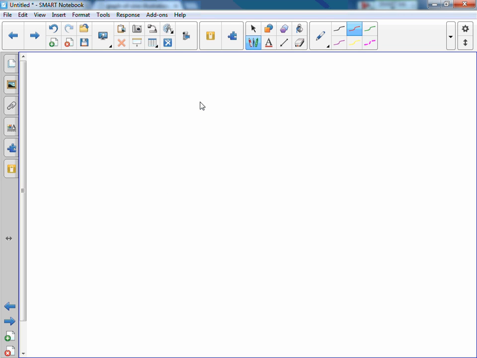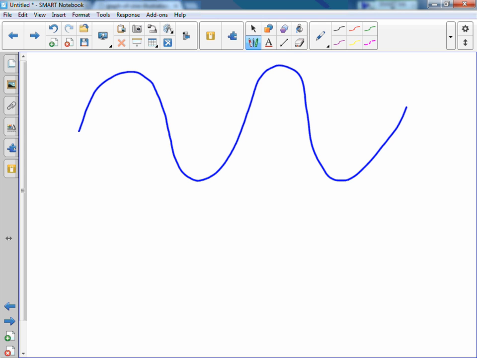Let's do some others. A couple of quick ones. How about the good old sine function we know and love? Why is this a function? Does it pass the vertical line test?